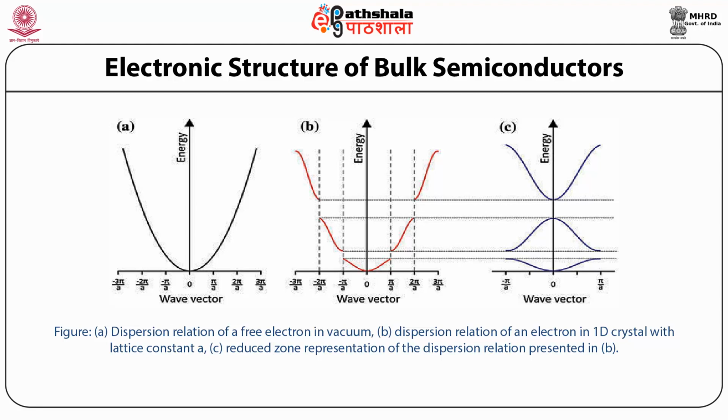So the first figure A shows us the variation of energy versus the k vector. The lattice produced periodic potential, resulting in significant changes in electronic dispersion relation.